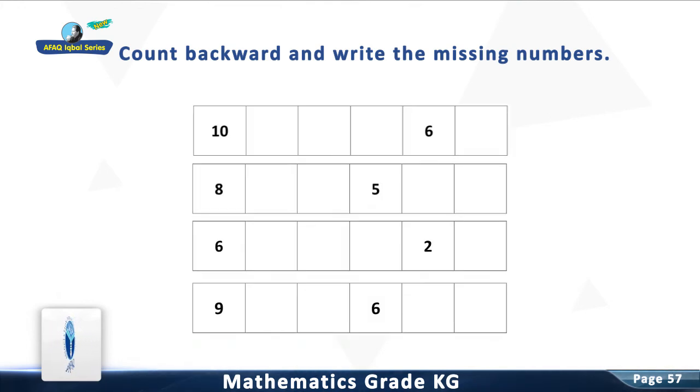Let's start from 10. Good. It is 9. Next. Good. It is 8. Next. Good. It is 7. 6 is already written. Next. Good. It is 5. Now start from 8.